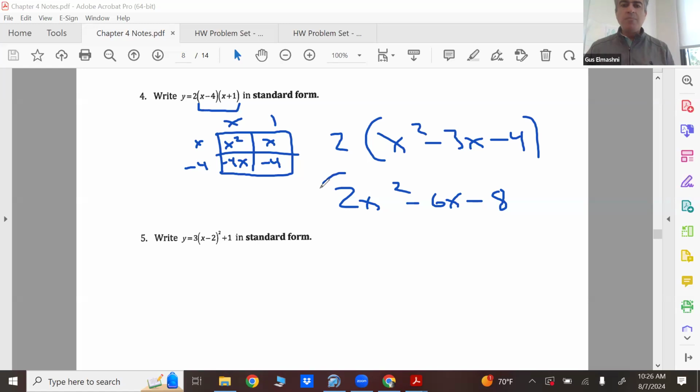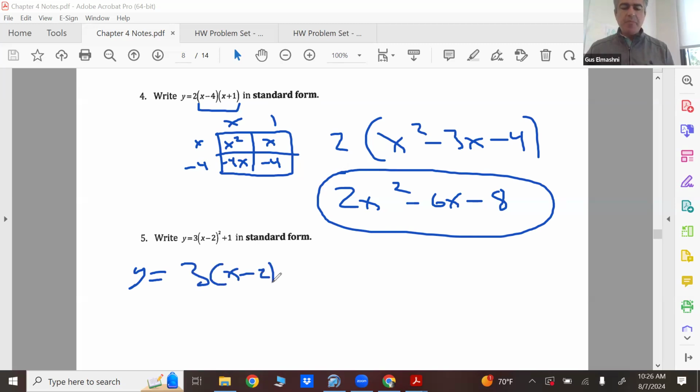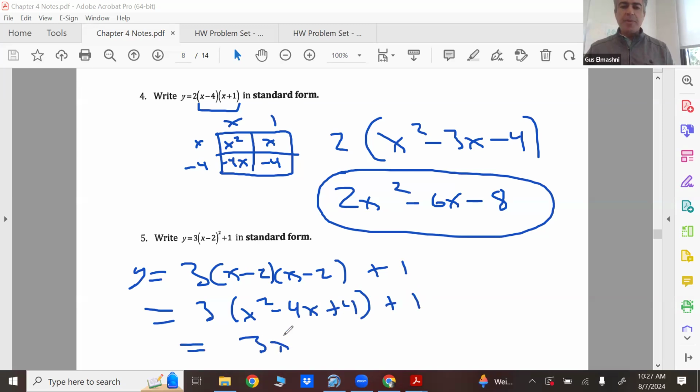That's it. Here I'd expand (x minus 2). Distribute, and then combine like terms. Sorry, that looks messy. There you go.